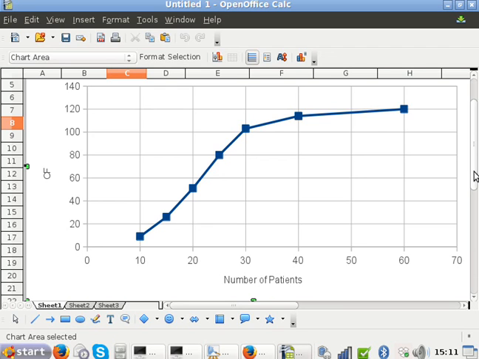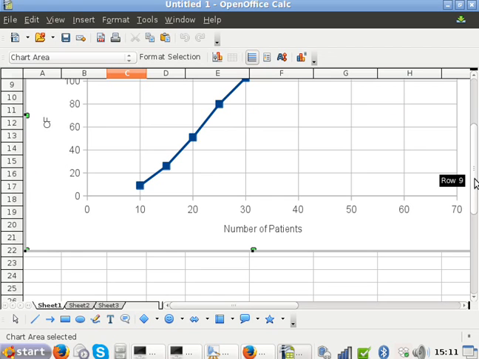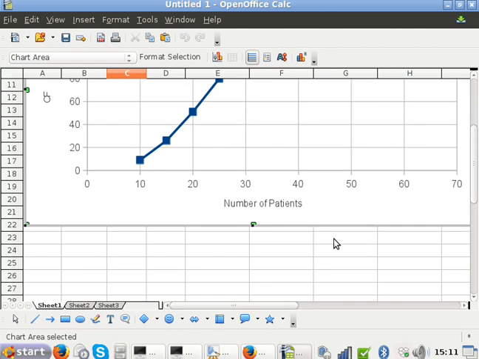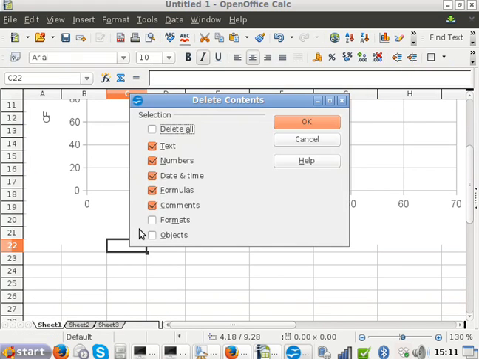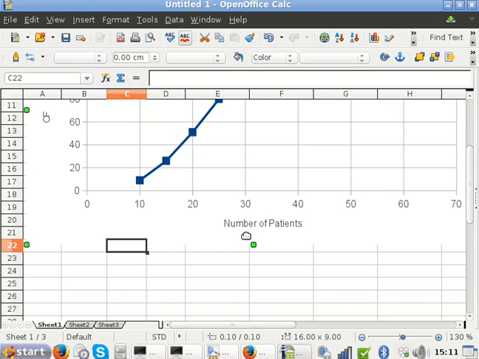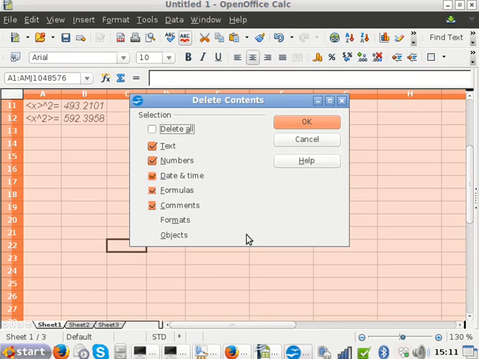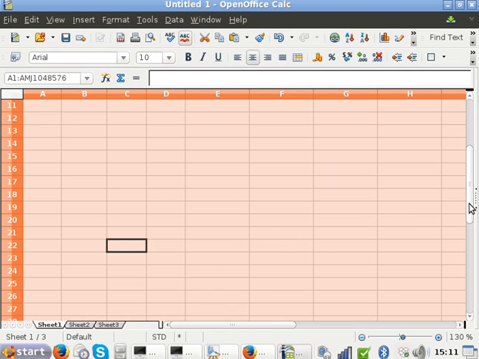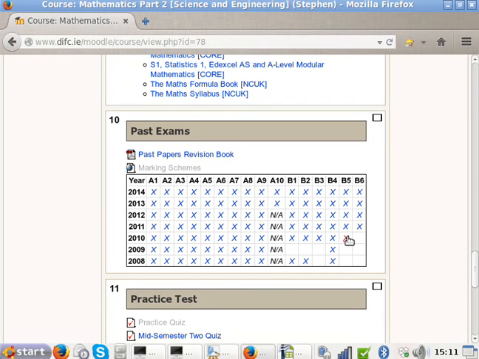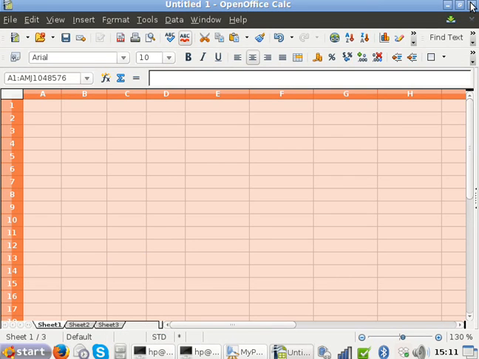Okay, I'm going to delete this now. Okay, so the next one I'm going to do, that was 2010. Okay, page 45, do you have that?